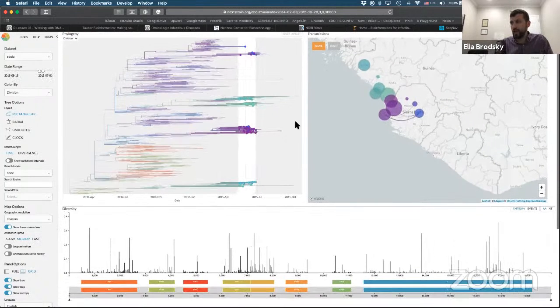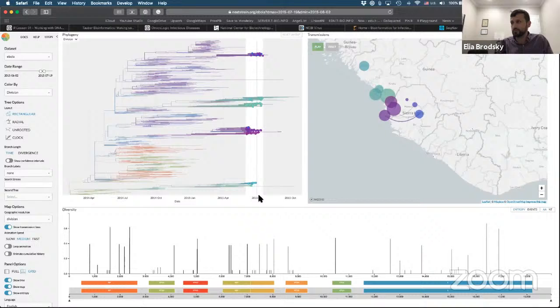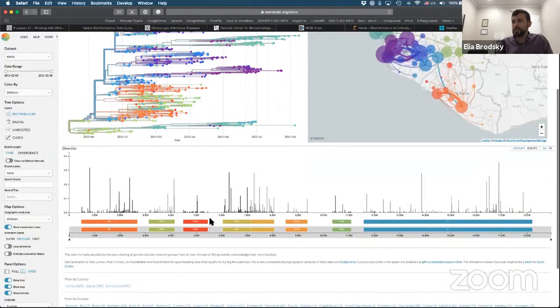Now, if you scroll down here, okay, let's do reset. You can see in which proteins on the reference genome these mutations accumulated.